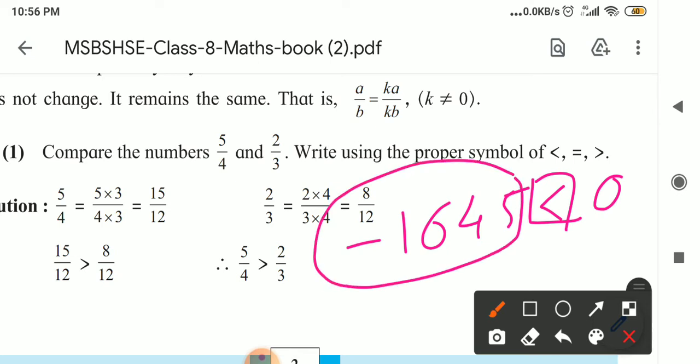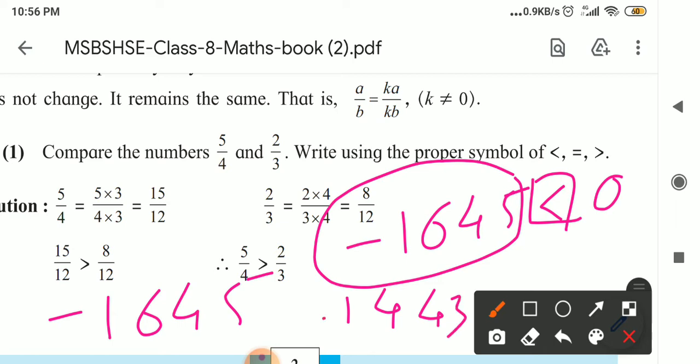If I write minus 1645 and minus 1443, both numbers negative, I just told you the rule: smaller is the bigger one. So minus 1443 is bigger than minus 1645 because it is smaller and both numbers are negative.